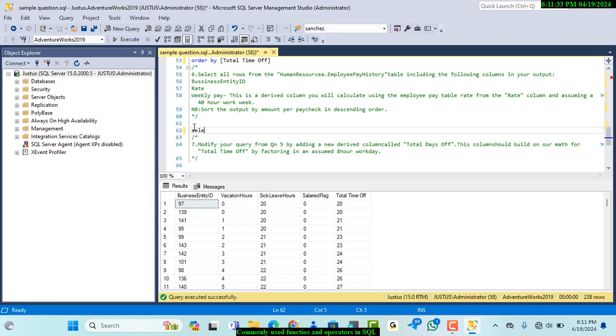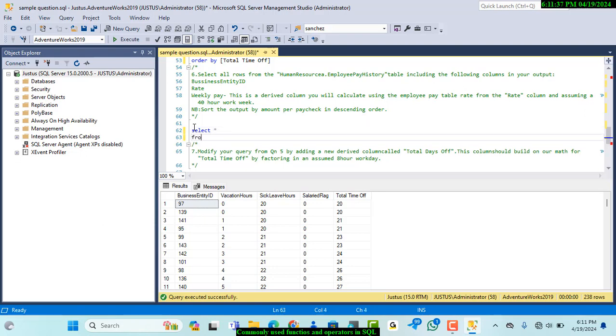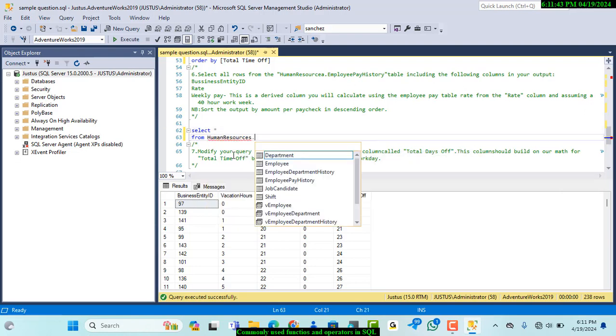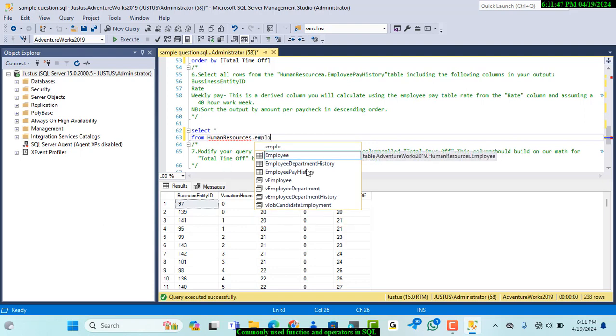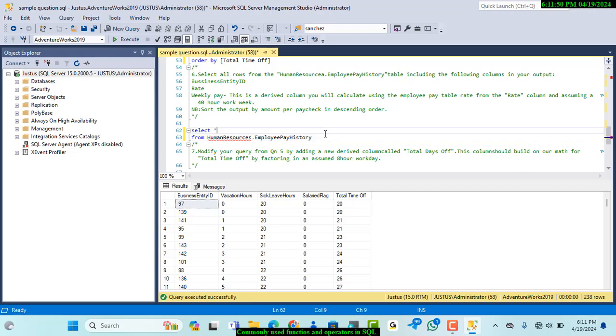So I now select star from human resource, that employee pay history. So that's the schema I'm going to use to retrieve my data.